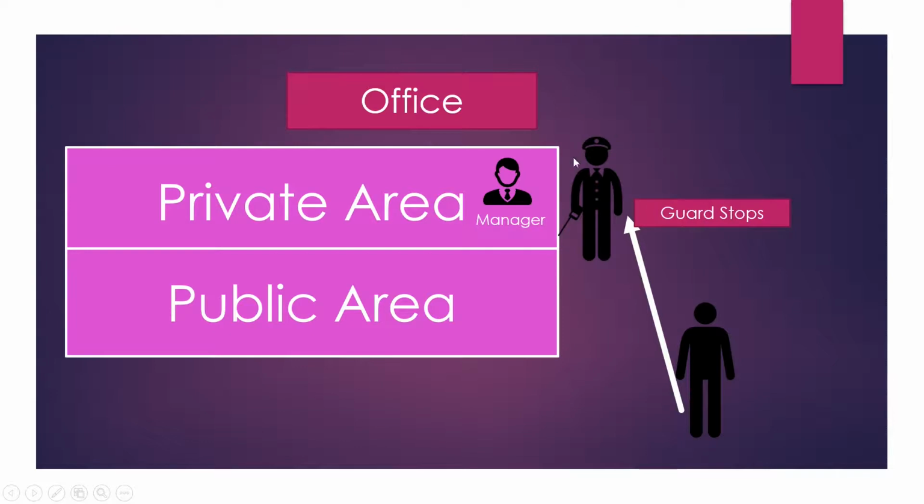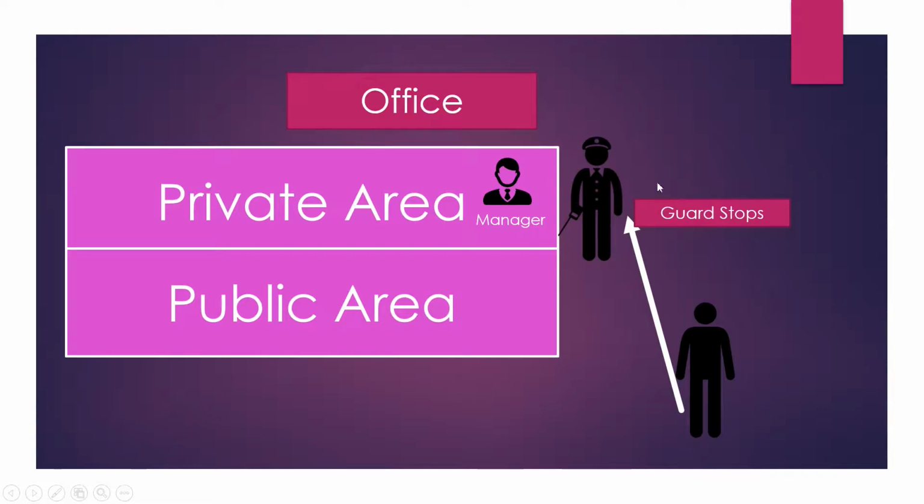That means the guard doesn't have permission on his own to allow or disallow. It is the manager who tells the guard whom to allow and whom not to allow. But for the public area there are no restrictions. This applies to the private area only. So a person can enter only if the manager has granted permission.